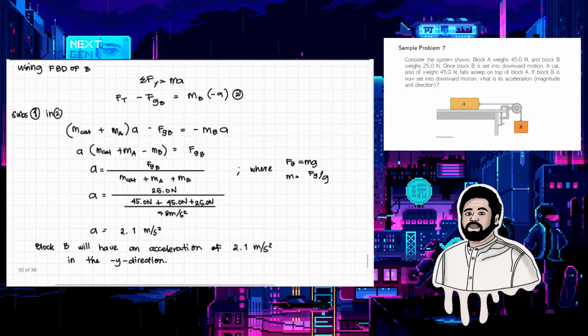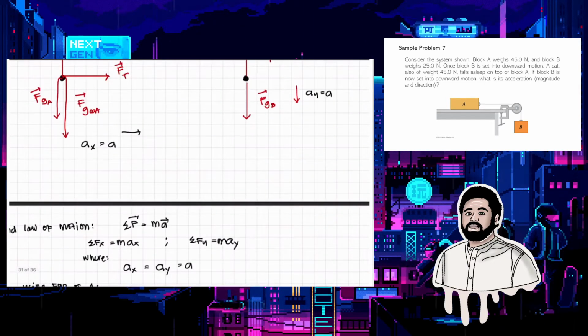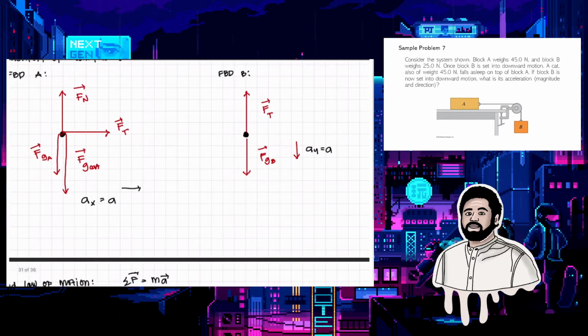We got a positive acceleration, meaning the assumptions for our accelerations are correct. So block A is going to the right, while block B is going down. Now, what if we got a negative acceleration? Our assumption for the direction might not be correct.